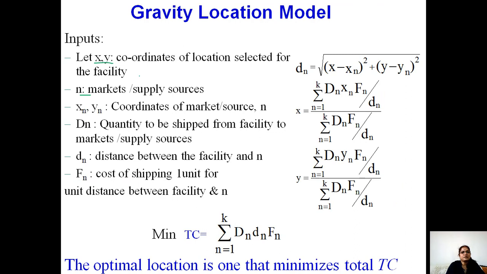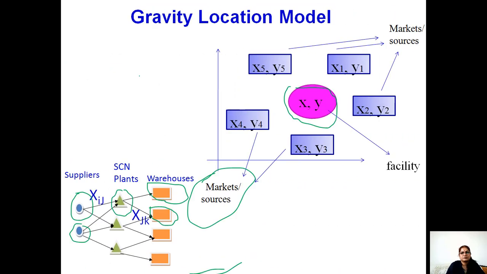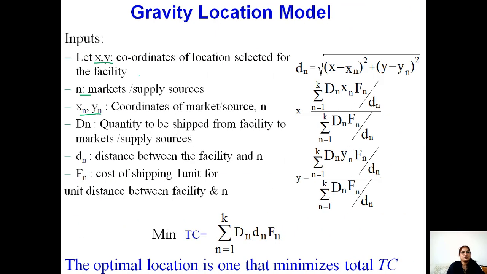Let xn, yn be the coordinates of the marketplace n. For the first one, the coordinates are called x1, y1 because n is taking the value 1. For the second one, it is taking the value 2, so x2, y2. Similarly, for the third one, x3, y3 and so on.